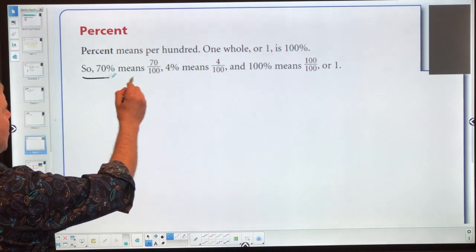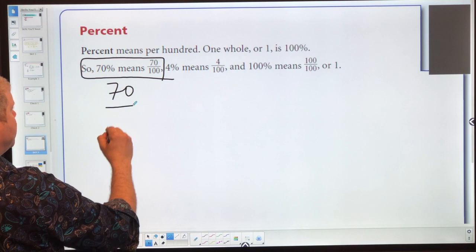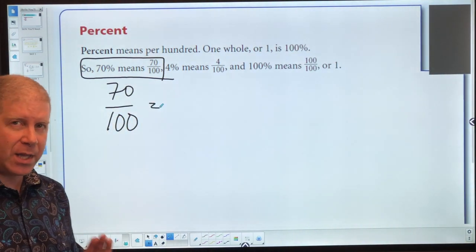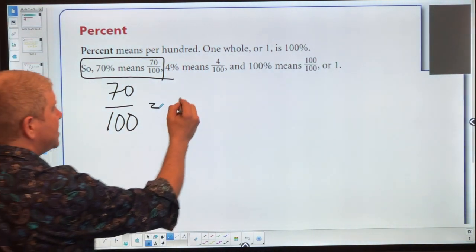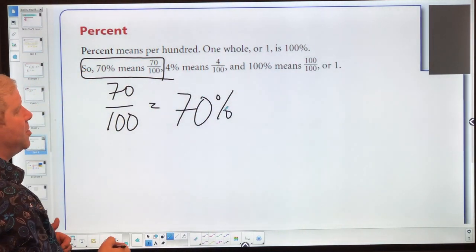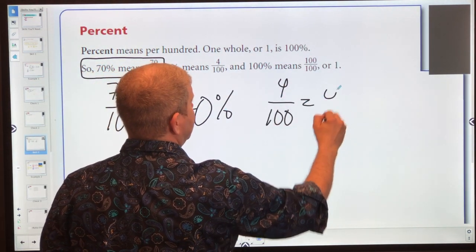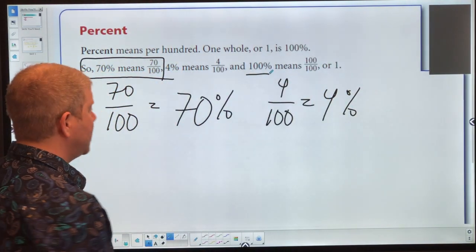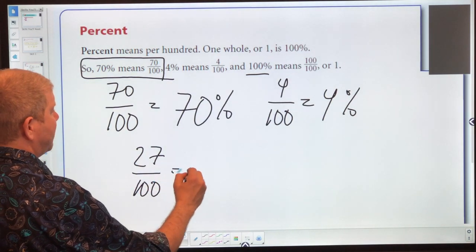Now, what are we talking about here? We have 70 over 100. When you have a number over 100, it's really easy to figure out the percent. The number that is on top of 100 is the percent. So 70 over 100 is 70%. 4 over 100 is 4%. 100 over 100 is 100%. 27 over 100 is 27%.